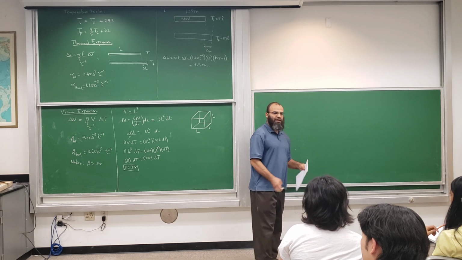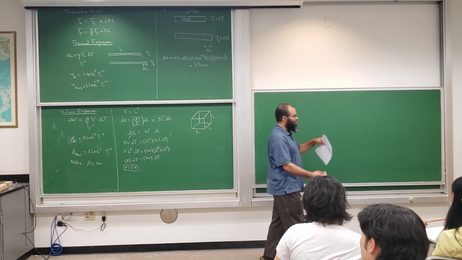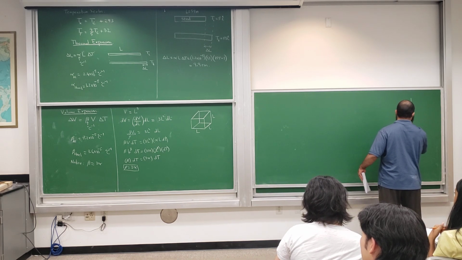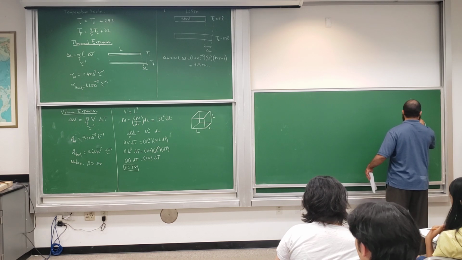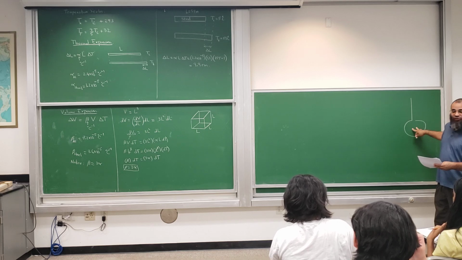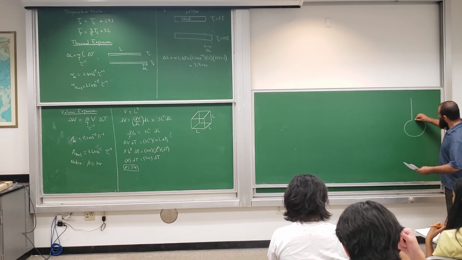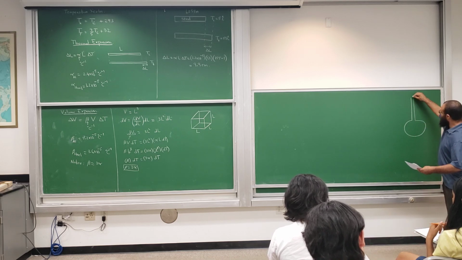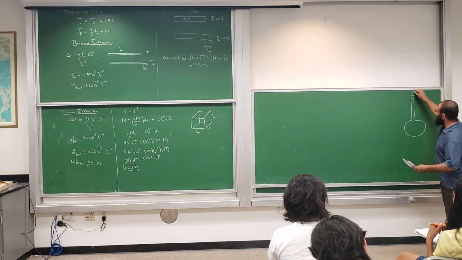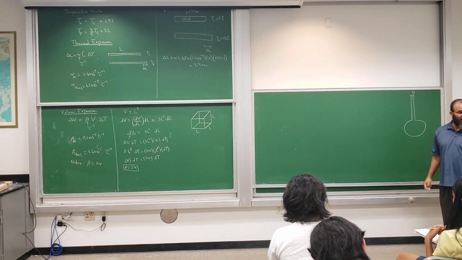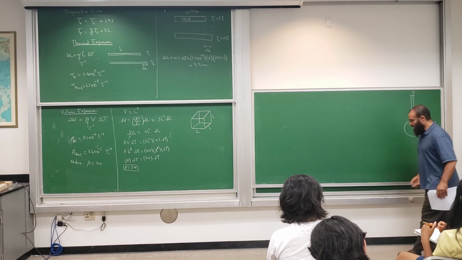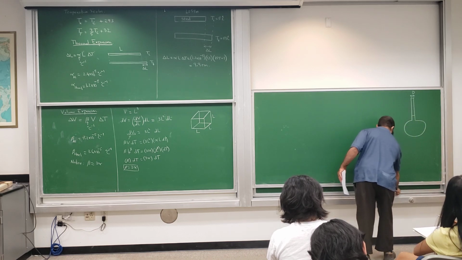Suppose I have something that has this shape. It has a lot of, let's say, alcohol or mercury here. We're trying to make a thermometer. And it has a diameter. The diameter here is B. And it's filled with, let's pretend, alcohol.